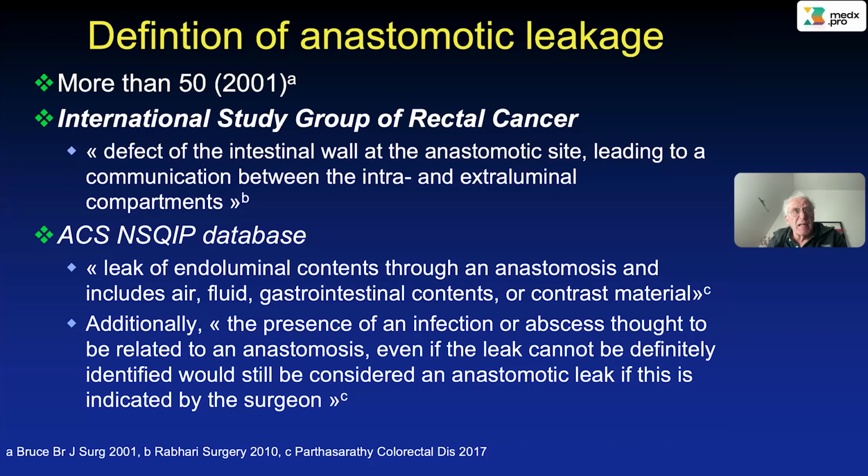that indicates that the definition is a defect in the intestinal wall at the anastomotic site, leading to a communication between the intra and extraluminal compartments. The American College of Surgeons NSQIP database was also studied in 2017, and they came up with another definition of anastomotic leakage being the leak of endoluminal contents through an anastomosis, including air, fluid, gastrointestinal contents, or contrast material.